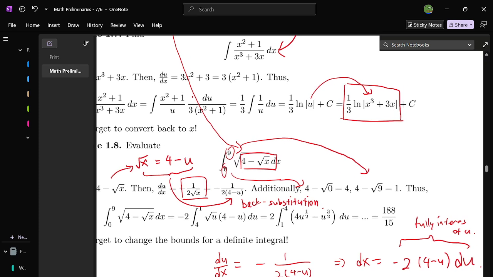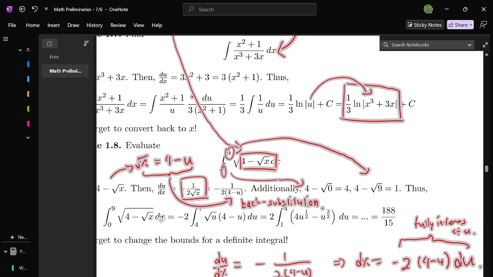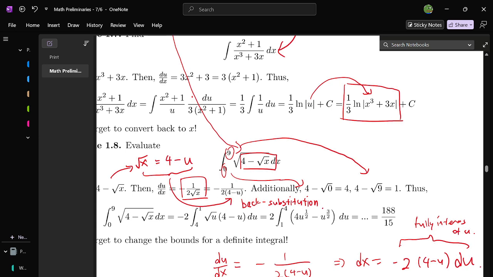So when you do this and you sub back dx here, you get an expression where everything is in terms of u, which means you can just integrate without any worries that there's a hidden x somewhere. And that's exactly what I did here. And you end up after a long time with this result.